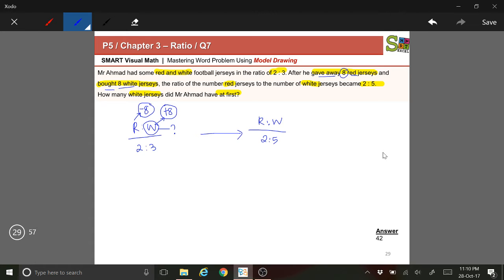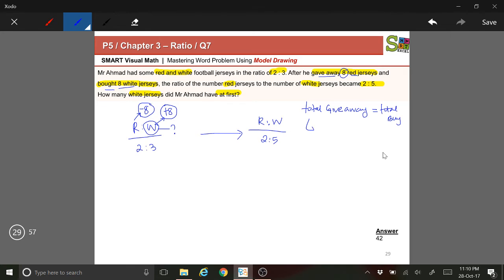Alright, from this question, what we can gather firstly is that we notice the total giveaway is equal to the total buy. Okay, this is what we can gather.